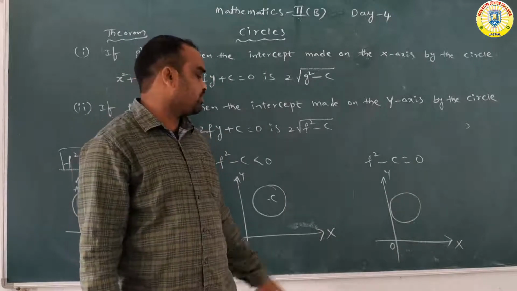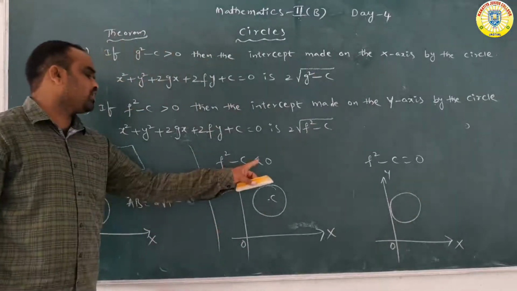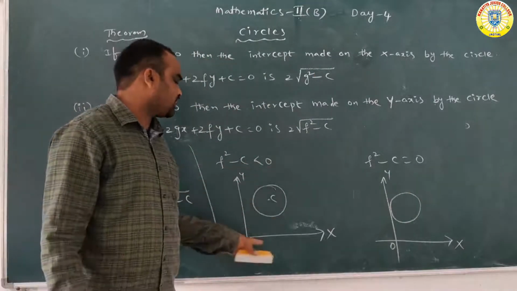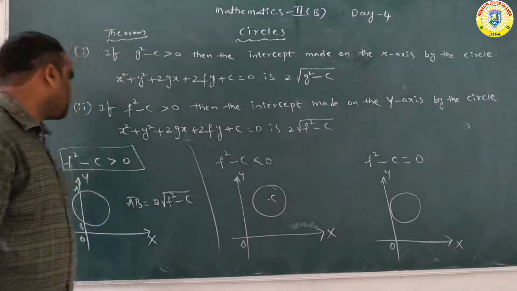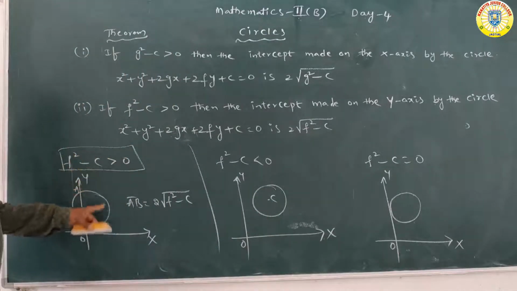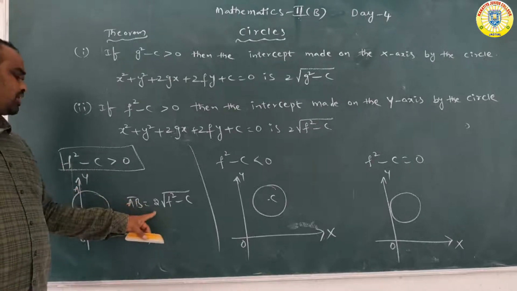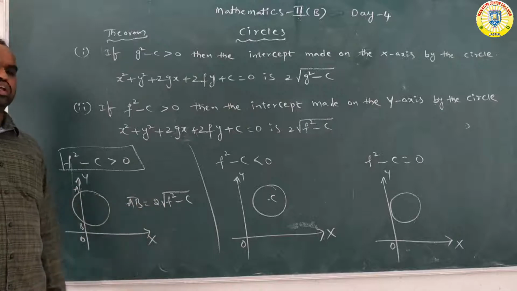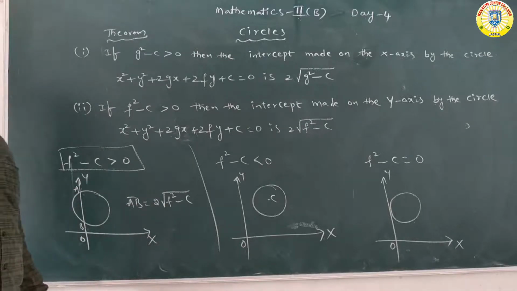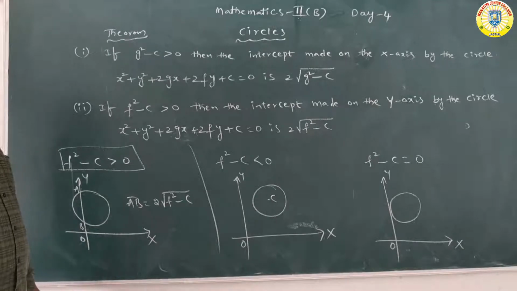If f square minus c equal to 0, the circle touches only the y-axis. If f square minus c less than 0, the circle is away from the y-axis. If f square minus c greater than 0, the circle intersects at 2 points A comma B. Then the y-intercept is AB bar is equal to 2 into under root of f square minus c. Understand? So next we are starting.